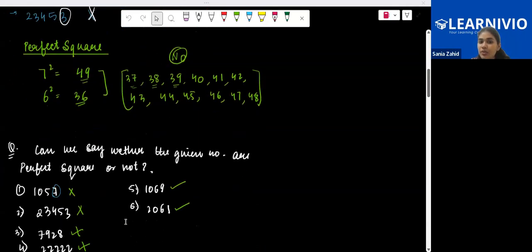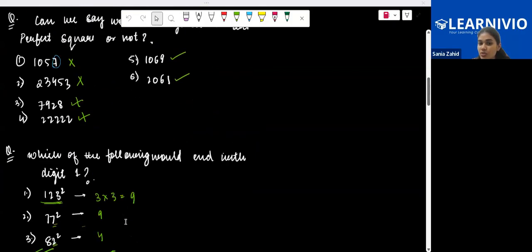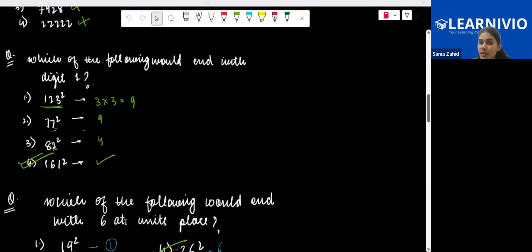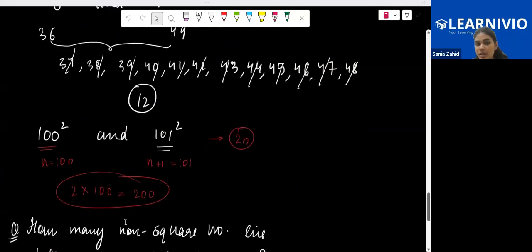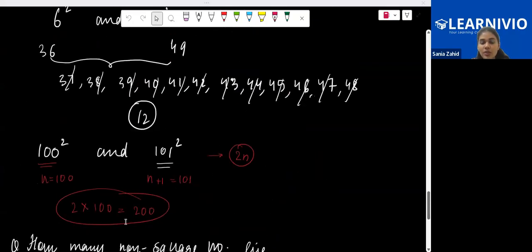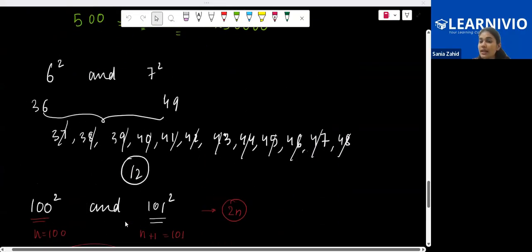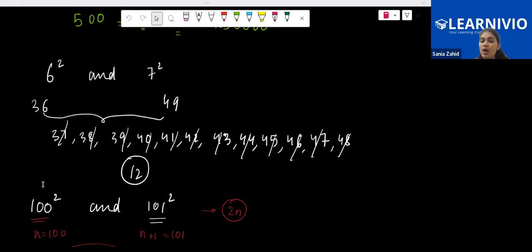Then we came to the questions on whether the given numbers are perfect squares or not, and which of the following end with what digits. So these types of questions we discussed. All of these were easy questions only. We discussed one more important thing, that whenever I have the squares of two consecutive numbers, like 6 square and 7 square, how many numbers lie between 6 square and 7 square?